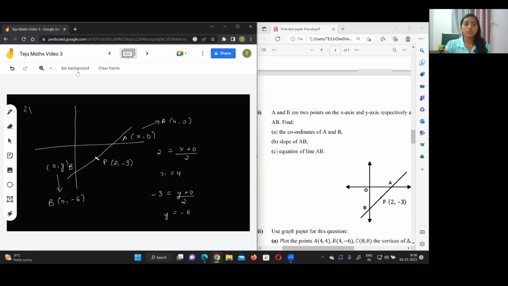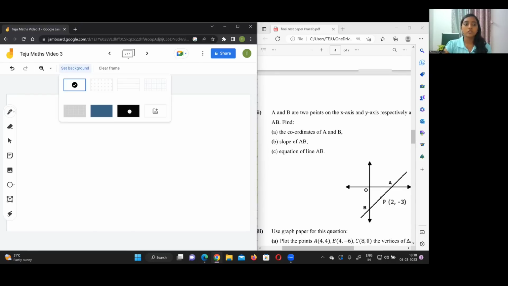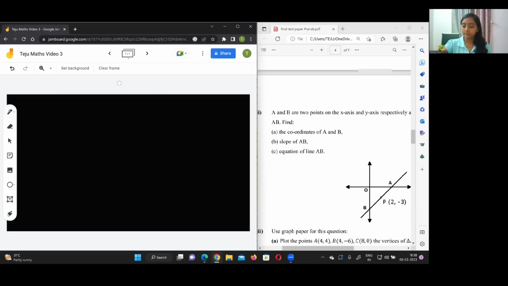Now what they're asking us to do is to find the slope of AB. Slope of AB is again a very direct formula: slope M is equal to y2 minus y1 by x2 minus x1. So here you have A is 4 comma 0 and B is 0 comma minus 6.